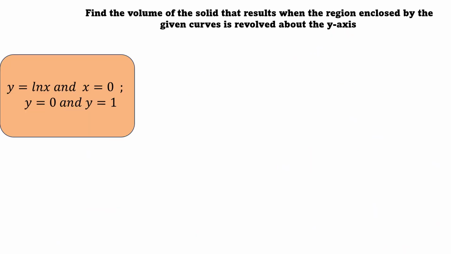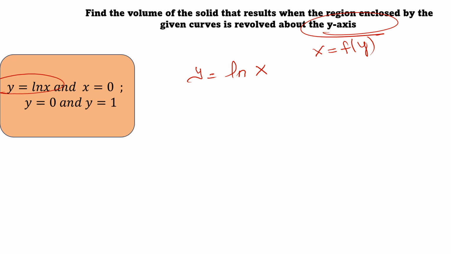Next question, when the solid is revolving around the y-axis, it means the equation should be written in terms of x equals f of y. So let's see here, the first function is y equals ln x, which is not correct because I have to write it in terms of x, so I have to solve for x.